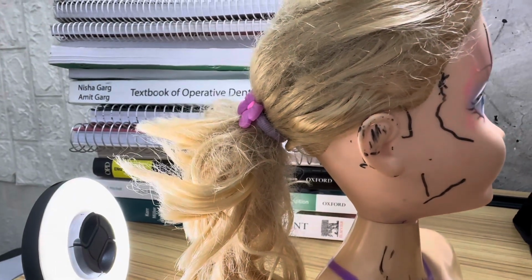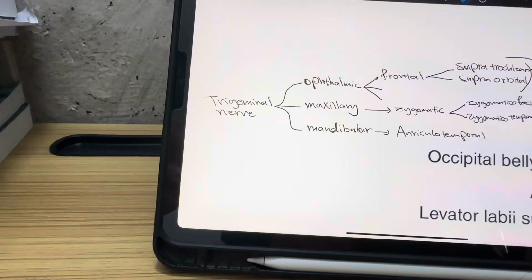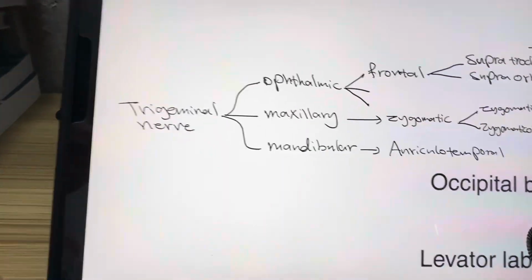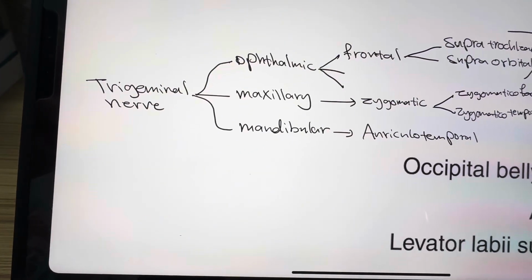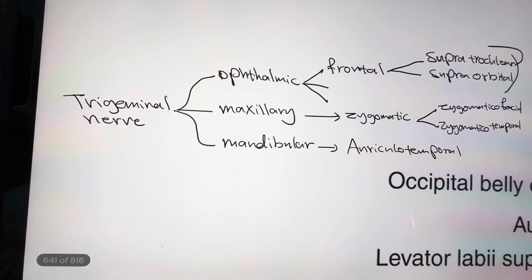All right, and for the sensory, here we divided the trigeminal nerve. From its name, tri means three, so it is divided into three divisions.